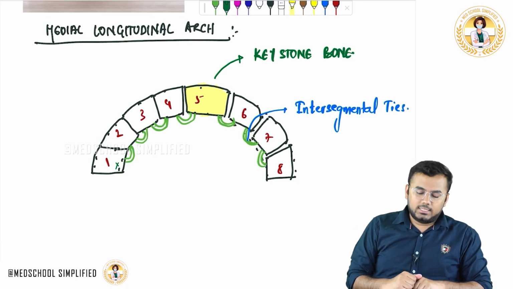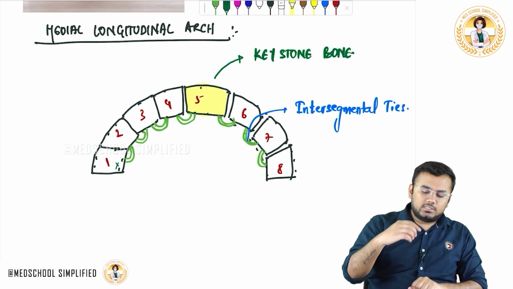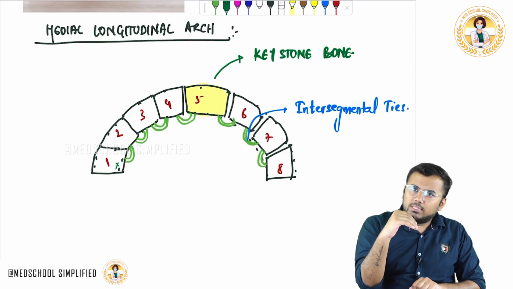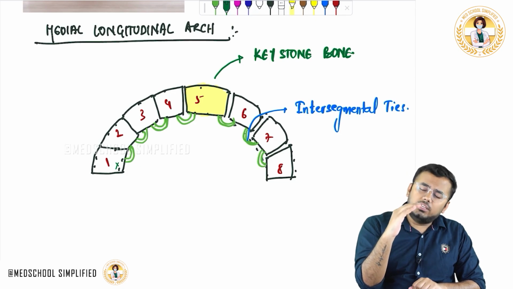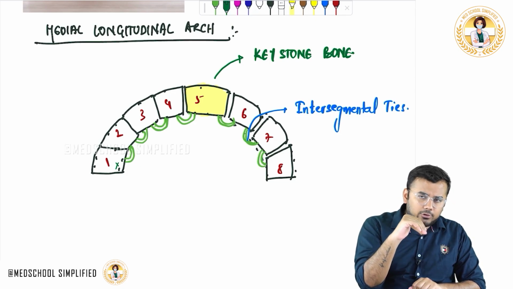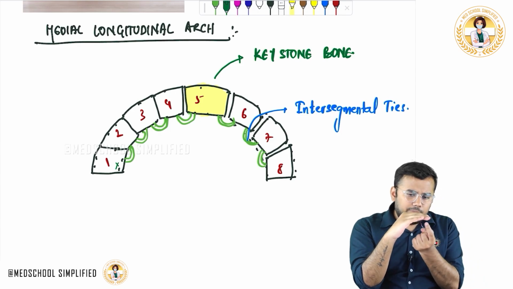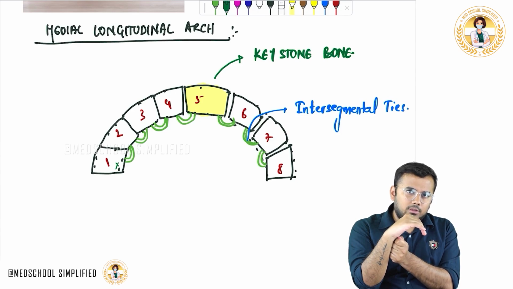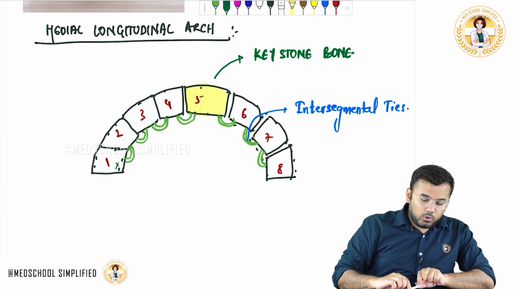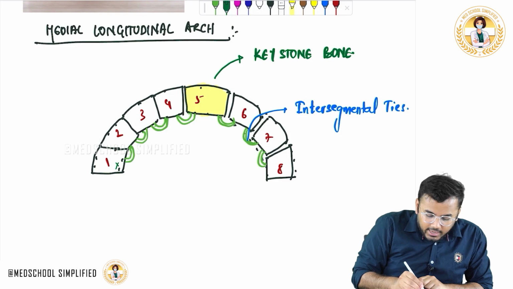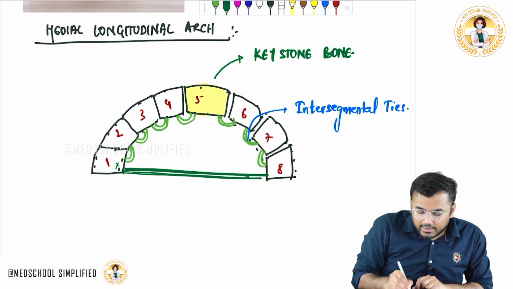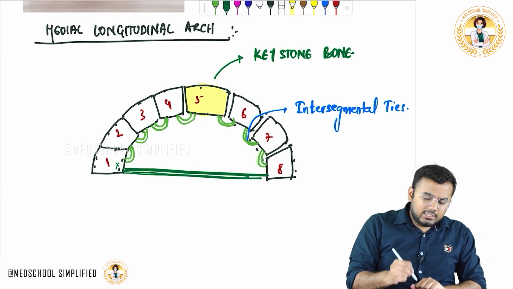Second important thing: there are chances that this arch can become flat. Even if it goes flat, it should come back to its normal position. It means there should be something at the bottom that pulls the arch back to its normal position. So from bone number 1 to bone number 8, I have to attach something flexible and rubber-like.